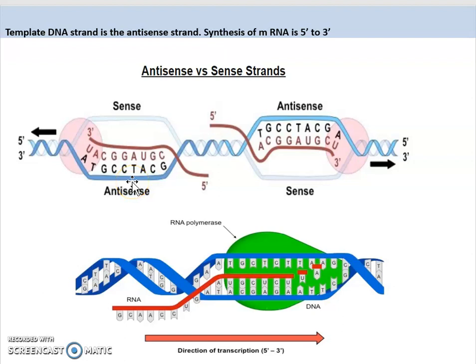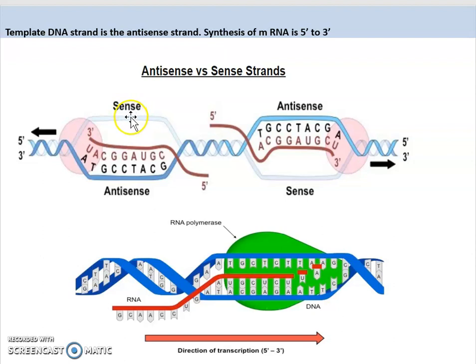Remember that we've got uracil as opposed to thymine because we're producing messenger RNA. And also remember that this new sequence here is copied in this direction. So we're moving in the 5' to 3' direction.